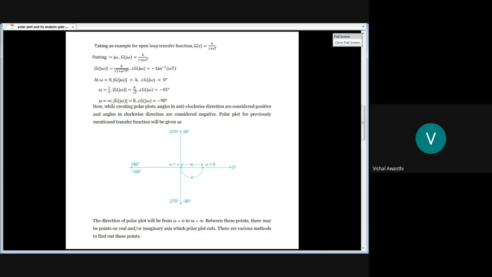So the numerator is simply K. The denominator is under root 1 square plus omega square T square. Meaning X plus jY, under root x square plus y square is its magnitude. So in the similar way, see the value of x and y, so this is under root 1 plus omega square T square.